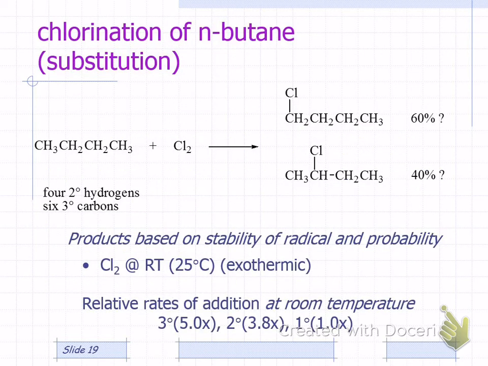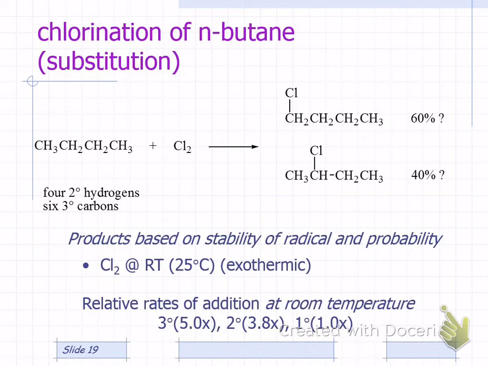Okay, so here's CH3 butane. And if you count the hydrogens on butane, how many methyl hydrogens are there? There's two methyl groups, so 2 methyl groups times 3, 6 methyl hydrogens. So this should be 6 primary hydrogens.